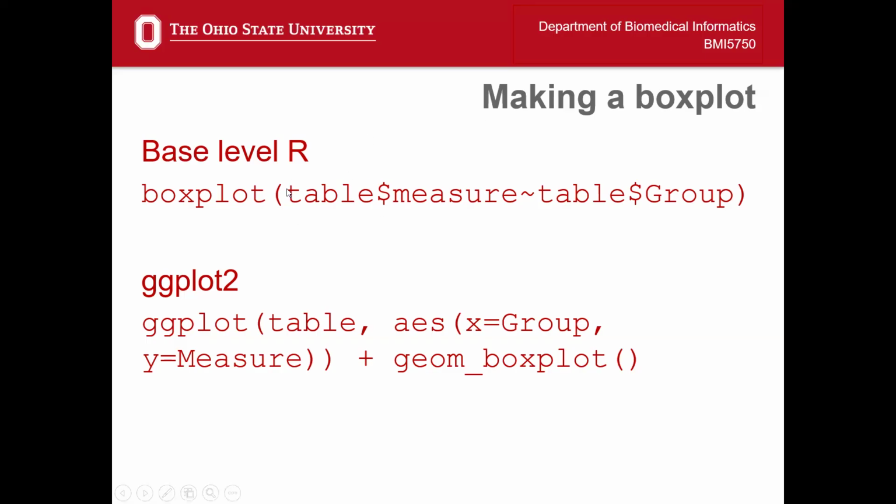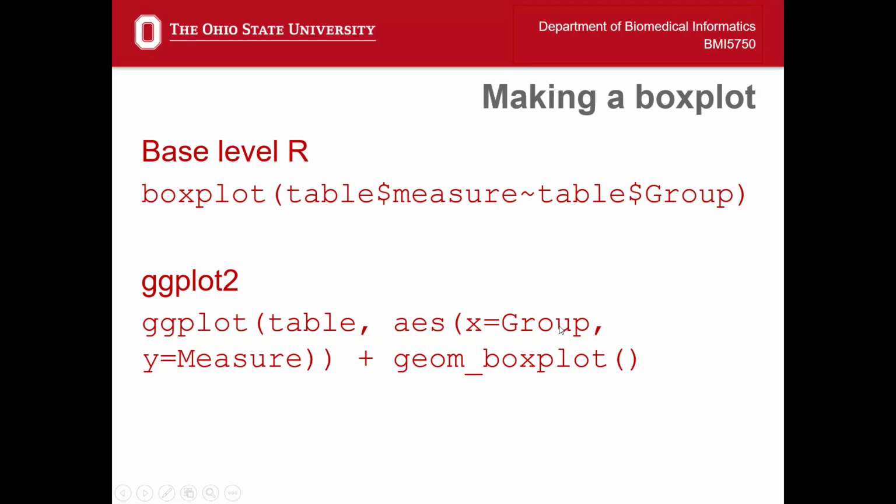Now you'll notice over and over again in the base level R, we refer to the table and the column in our command. In ggplot2, first we tell the table, and then in our aesthetics, we specify the columns. So in your ggplot command, when you're saying what X is going to be, you don't have to say table$sign group.